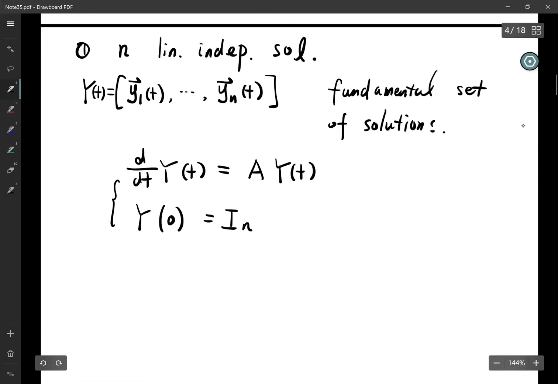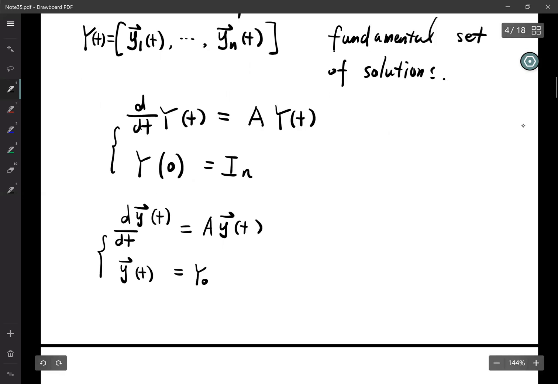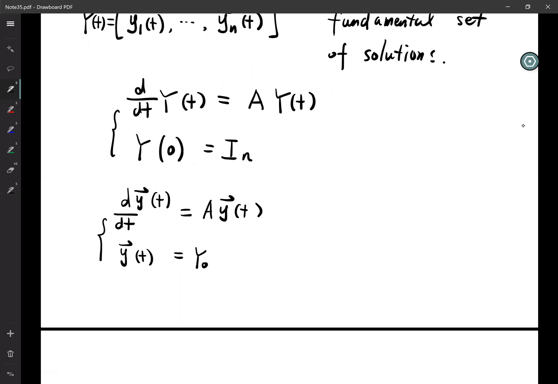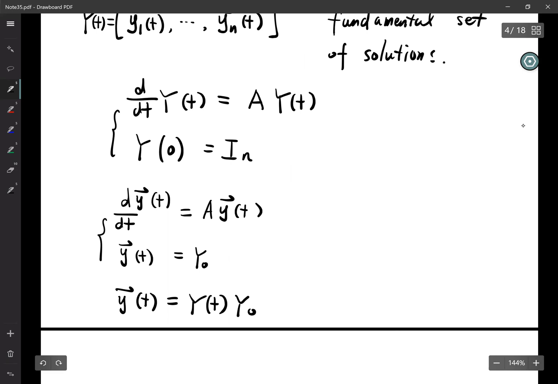The reason why it is fundamental is because once I get this capital Y(t), now if I consider any initial value problem with a particular initial data, let's call it y0, in R^n, we can immediately have that the solution must be of the form Y(t) times y0.